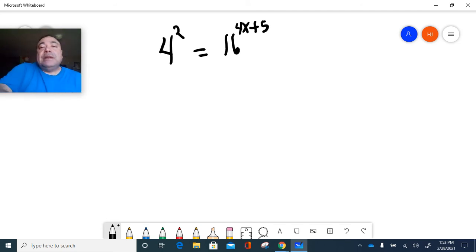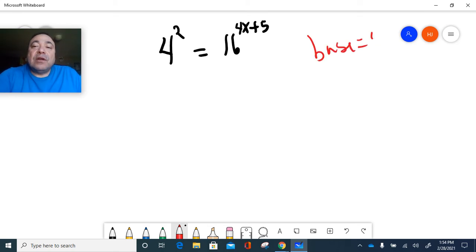And you say, wait a minute, I can either use the base 2 or I could just leave the 4, and you will get the same answer, guys. So the base will be 4.